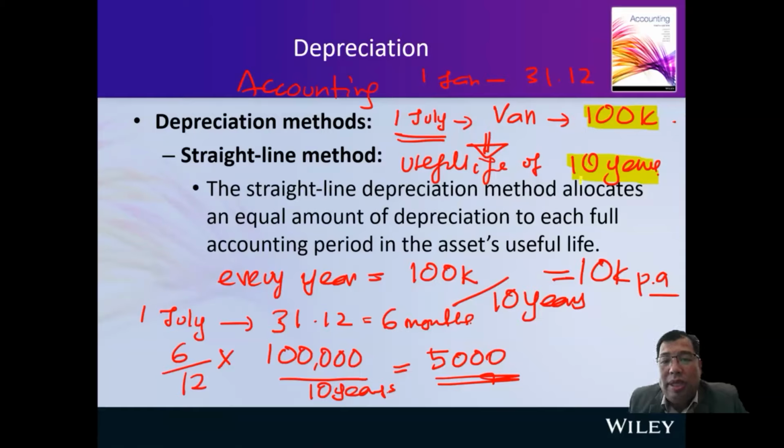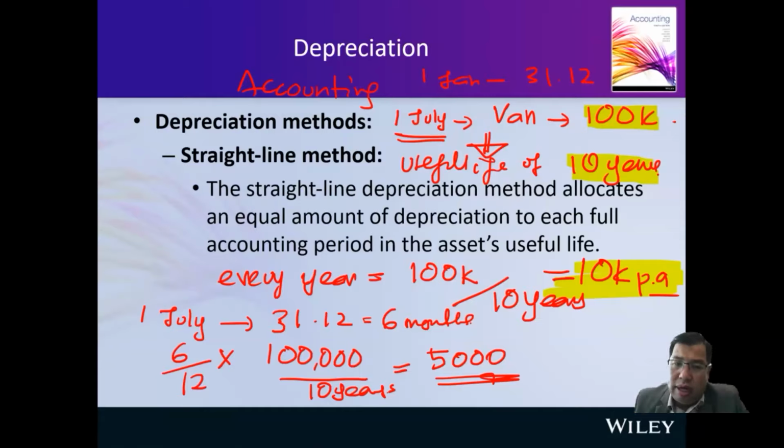So your annual depreciation for every year, you're going to provide depreciation of 10,000. Second year, another 10,000. Third year, another 10,000, until you complete all the depreciation amount of 100,000, until your accumulated depreciation becomes 100,000. So in this example, you purchase the asset on 1st July.